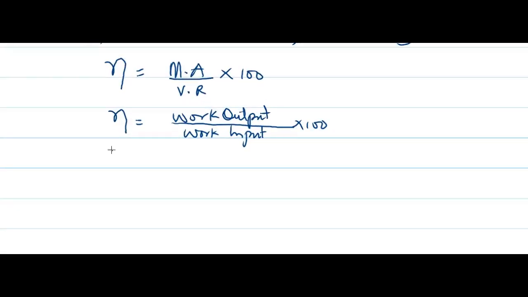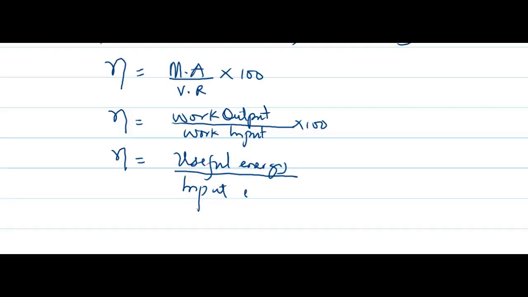Another way is useful energy all over input energy times 100. So you are going to see that work output is also the useful energy, while work input is also the input energy.